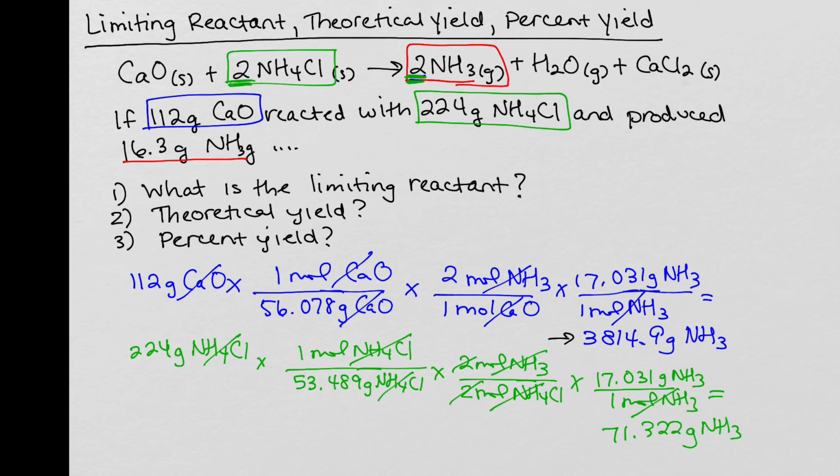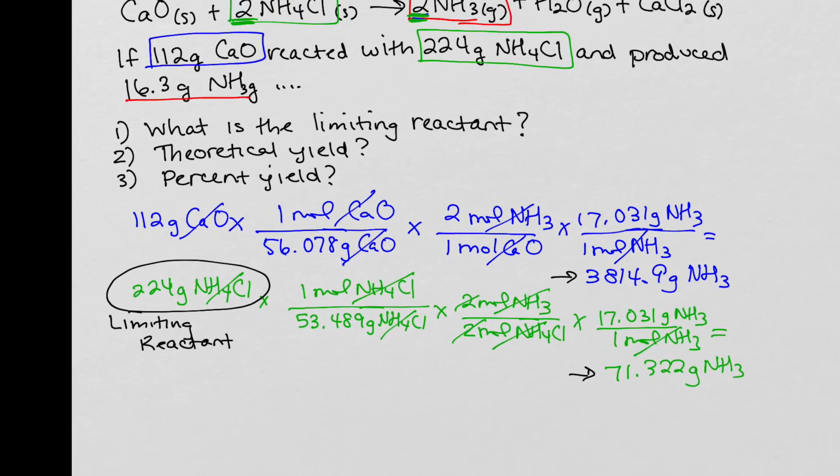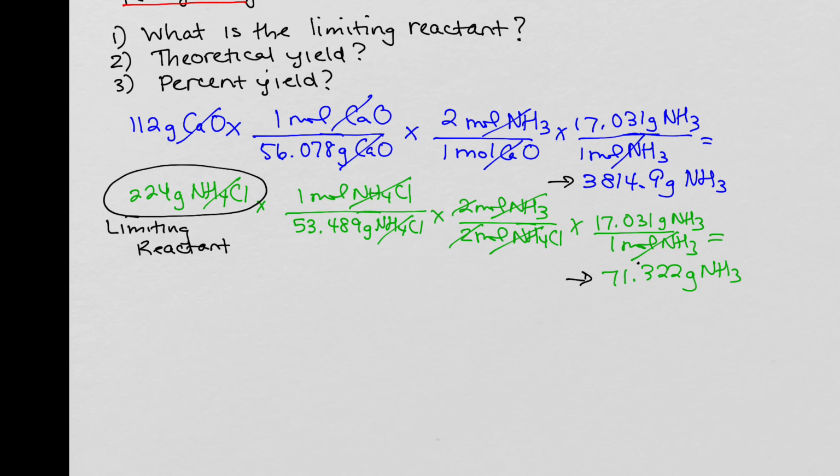So I had 3,800 grams or so up here and only 70 grams down here. This means that the ammonium chloride is my limiting reactant because it's limiting how much product I can make. And so this also tells me that my theoretical yield is 71.3 grams. I rounded to 3 sig figs here of NH3.